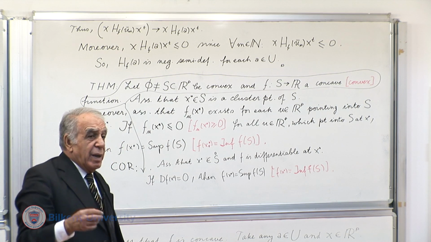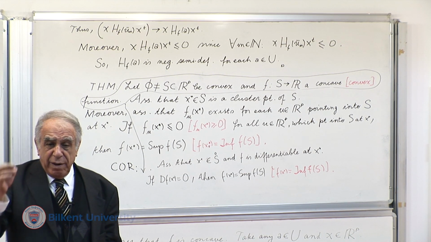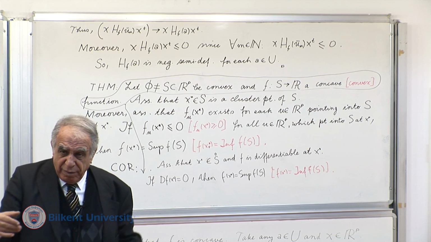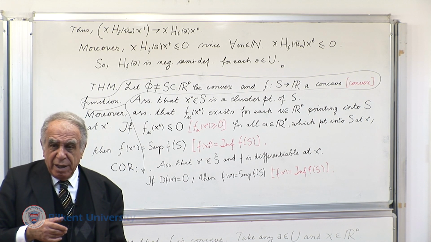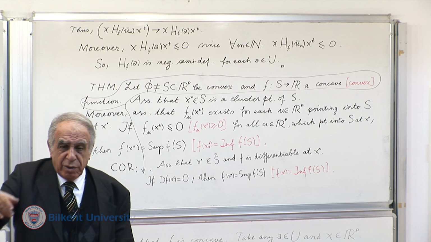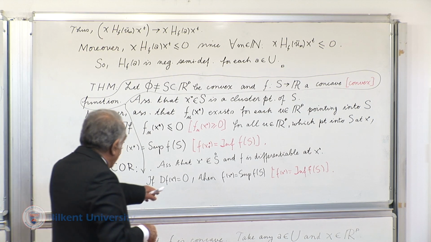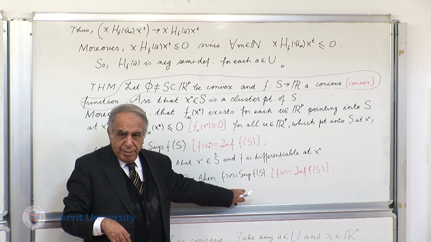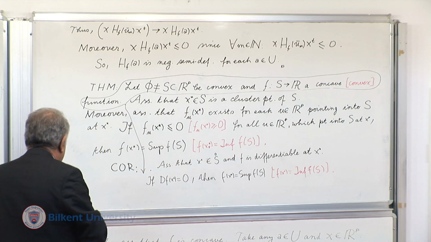But this says, if no matter in which direction you move away from x star, so long as you stay within the domain of the function, that's what pointing into S means, if it's always downsloping in each admissible direction, then that must correspond to a maximum, in case the function is concave. So that's what the concavity does.